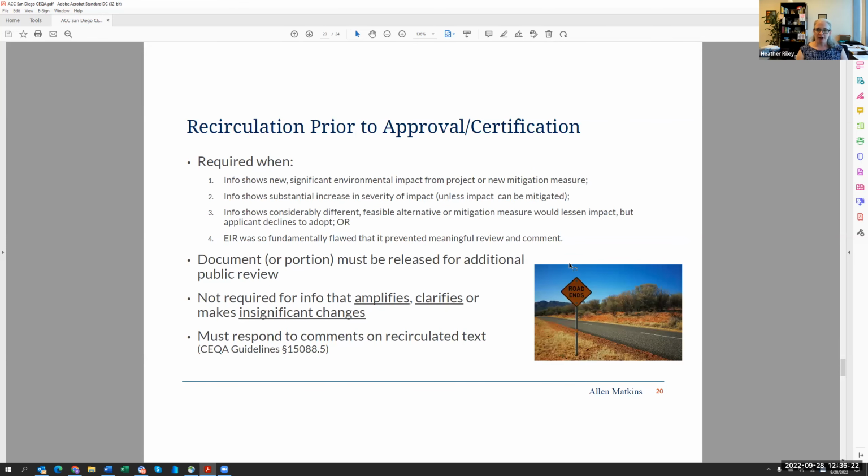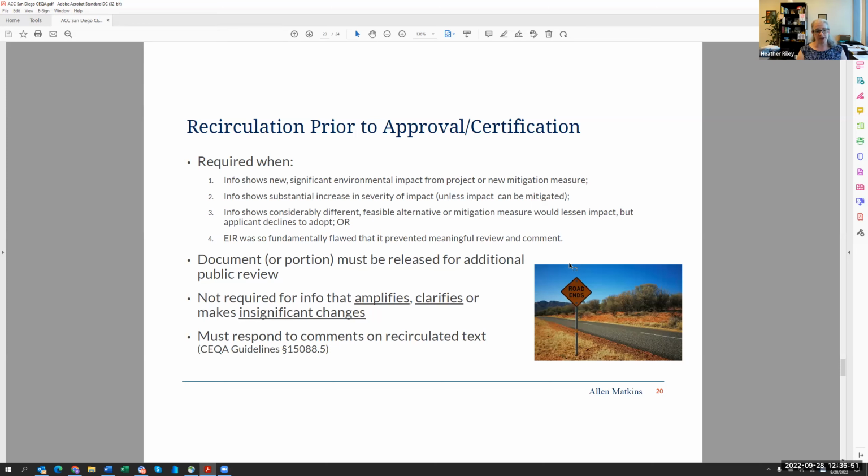If you're about to send your final EIR out and one of the comments raises an issue that's new, or if something else changes that causes you to potentially have to recirculate, which is a terribly dirty word for my clients, then you need to consider whether that's necessary. Recirculation is for new significant impacts, new feasible mitigation measures, or more severe significant impacts than you realized, unless you can mitigate those.